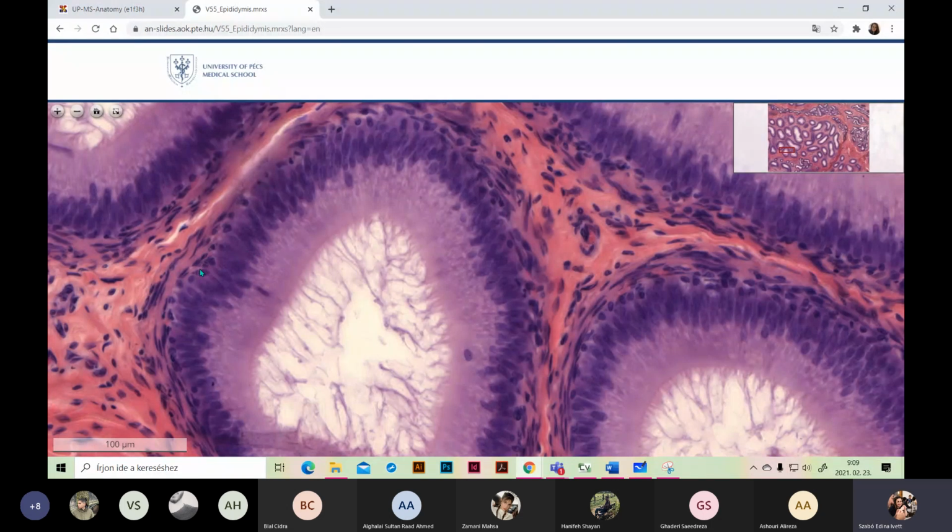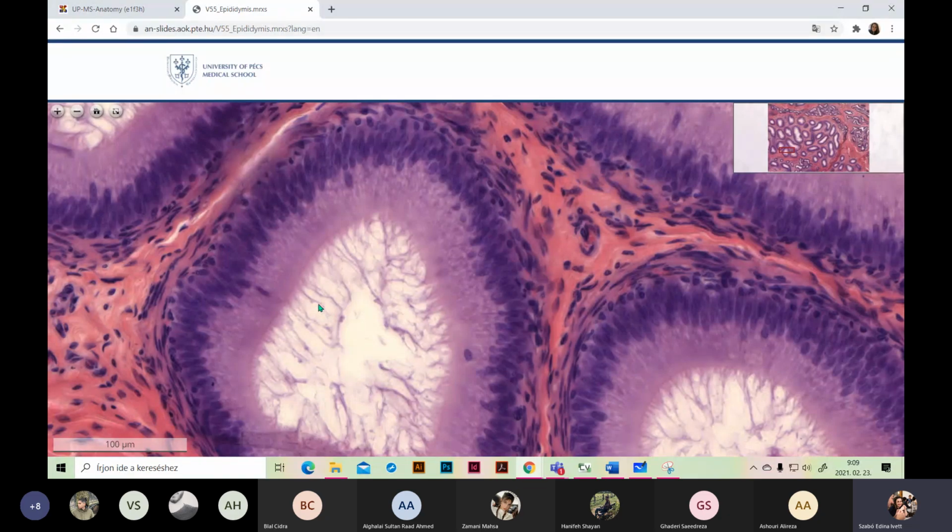The first point, we see the reserve cells, which are special for this type of epithelia, and the shape of nuclei, all of them have columnar, oval-shaped nuclei, and these nuclei are perpendicular to the surface.